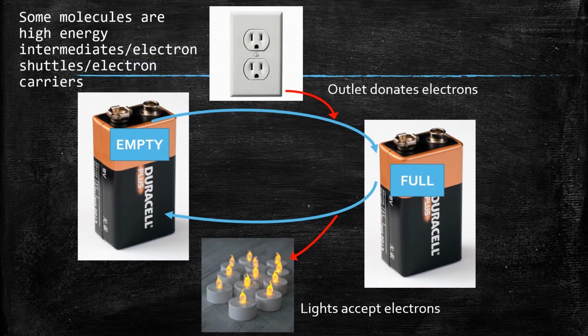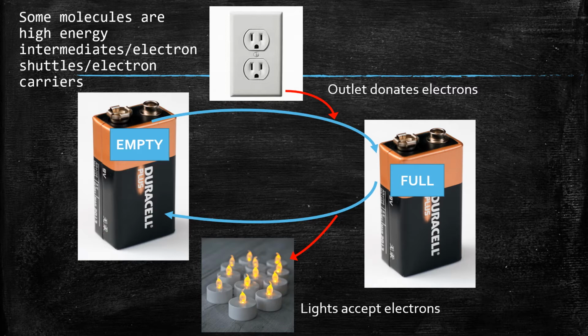So some molecules within the cell are high energy intermediates, or electron shuttles or electron carriers. I like to use this analogy where we have energy from the outlet, and that outlet donates electrons to a battery. And this battery, once it is filled with electrons, is full.